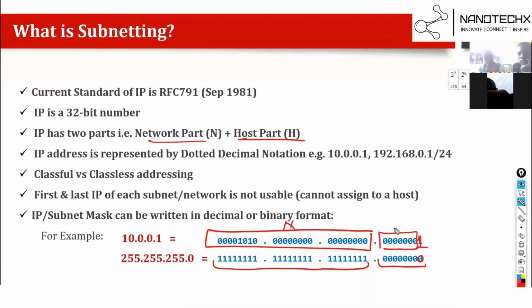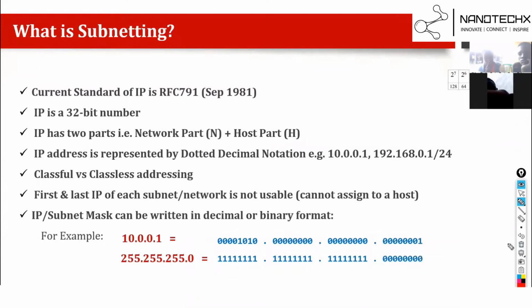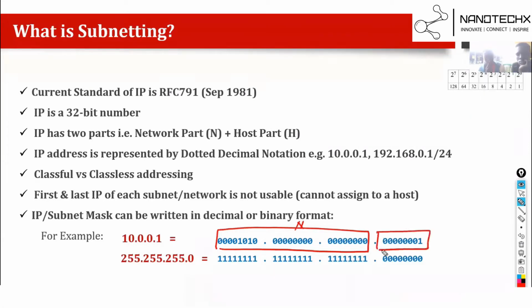The network portion tells us which network this IP address belongs to, while the portion which has zeros in the subnet mask is called the host portion, and it keeps on changing. So the first IP address will be what? 0000, just like we saw in the roll number. The second IP address will be what? 0000.2, then 0000.3, 0004, until it finishes, right?